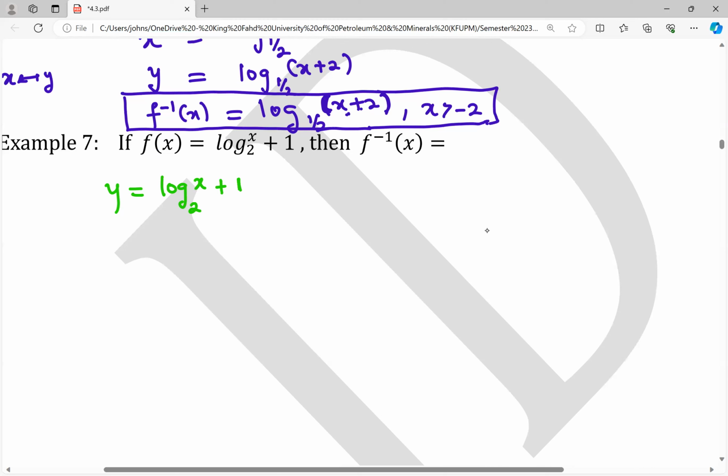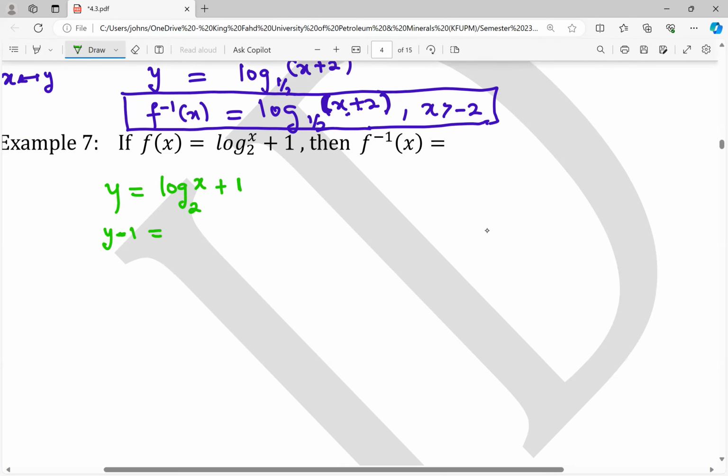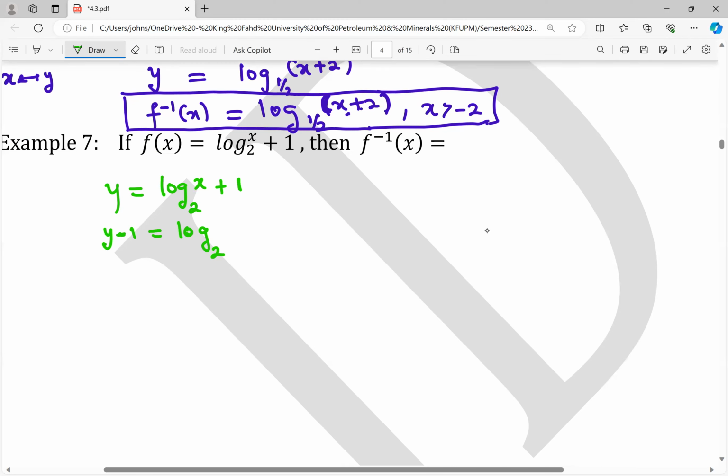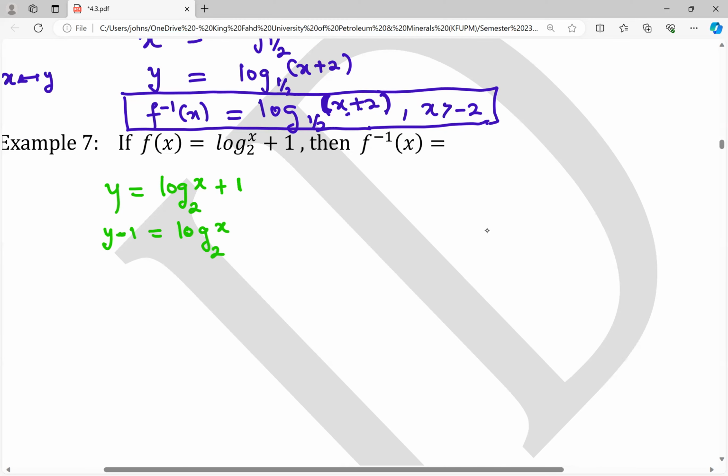And now you can solve for x, try to solve for x. This becomes y minus 1 equals log to base 2 of x, right?